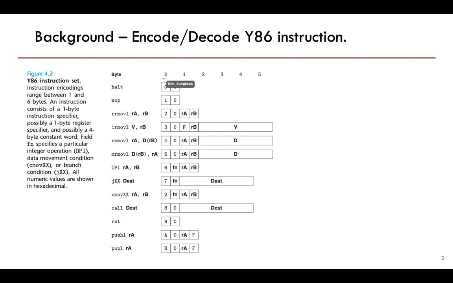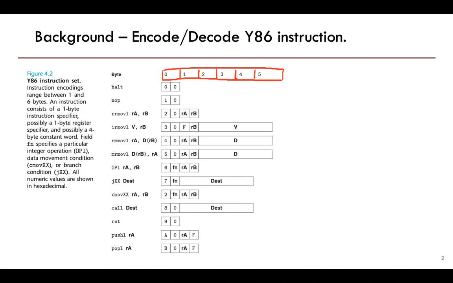On the top of this figure, you see the byte information here. Let me redraw this. We have byte 0, 1, 2, 3, 4, 5, which means there are 6 bytes in total.